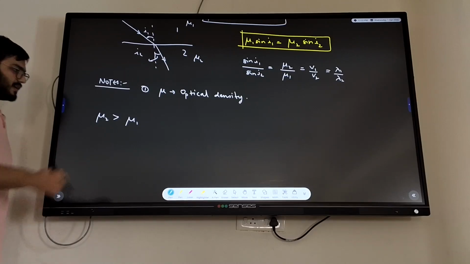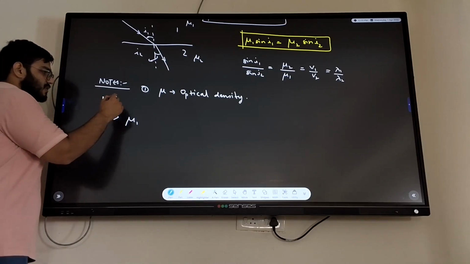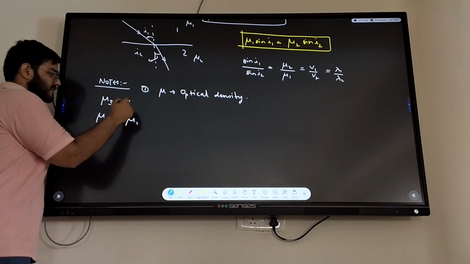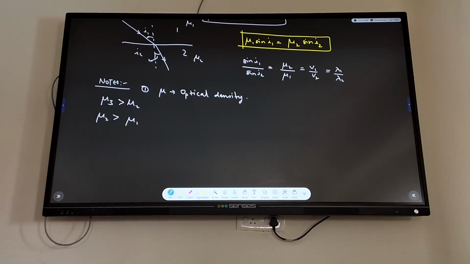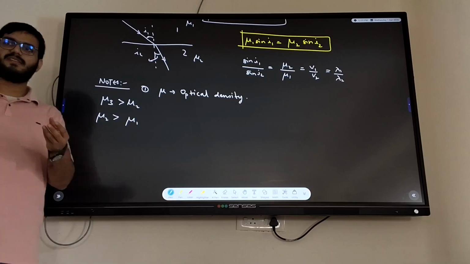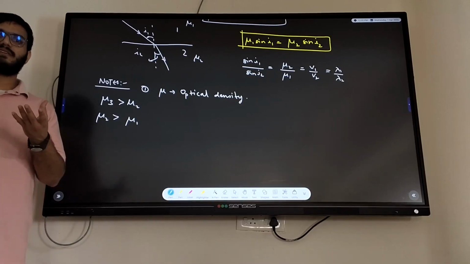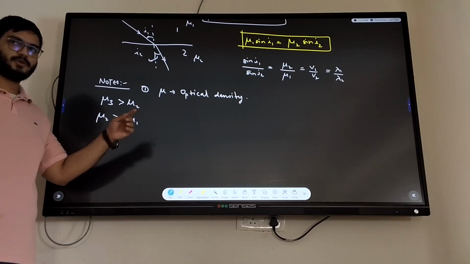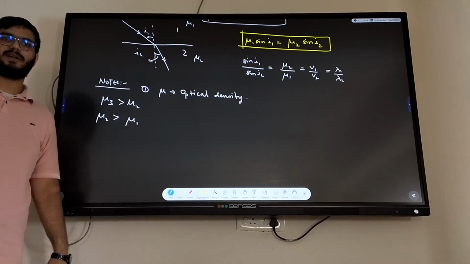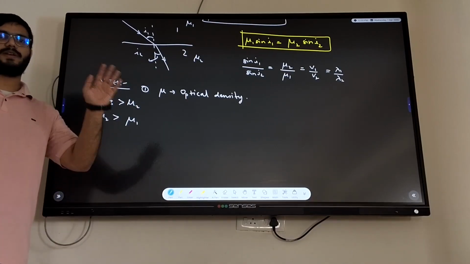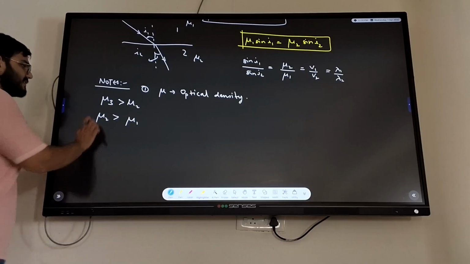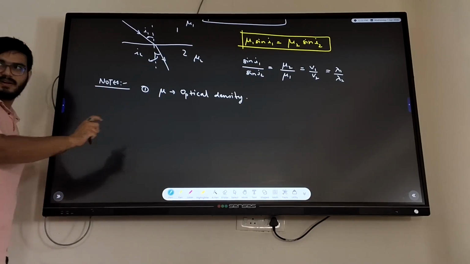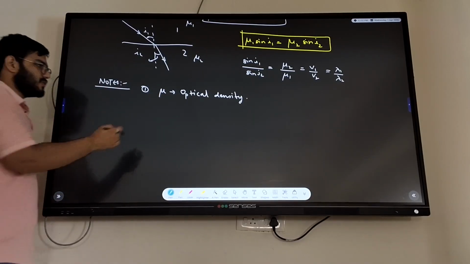Yes, optically. Now what if this is the case, and medium 3 is denser? Then 3 will act like a denser medium and 2 will act like a rarer medium. So these terms, denser and rarer medium, are relative terms. You define a medium to be denser with respect to some medium. It's not absolutely denser or anything. You define it with respect to another. Is it okay? Okay, you remember this.